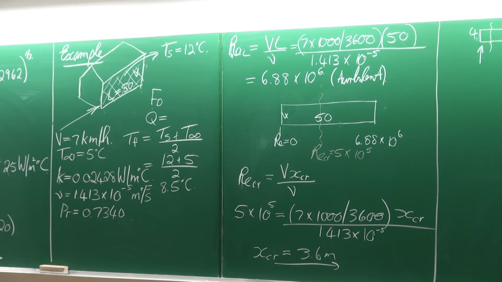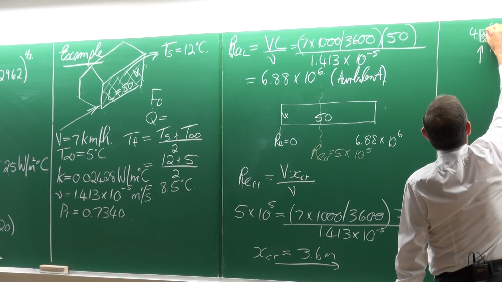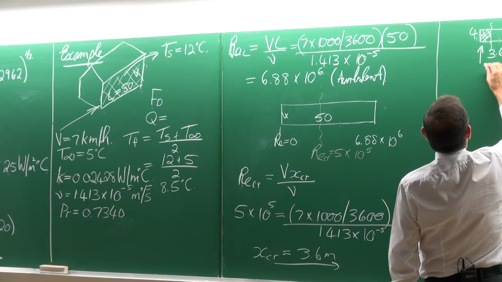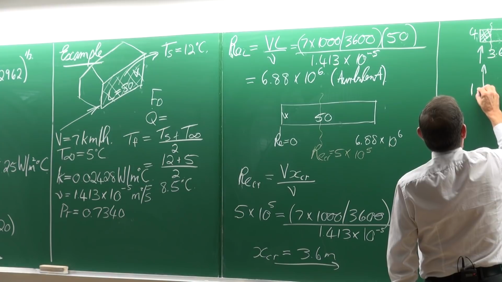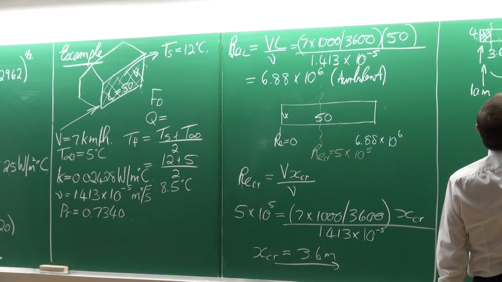It's less than 10%. It's 50 meters, 5 meters would be 10%. So we're talking about just 3% of the plate that would be laminar. So there it's going to be laminar, but the rest of the flow would all be turbulent.